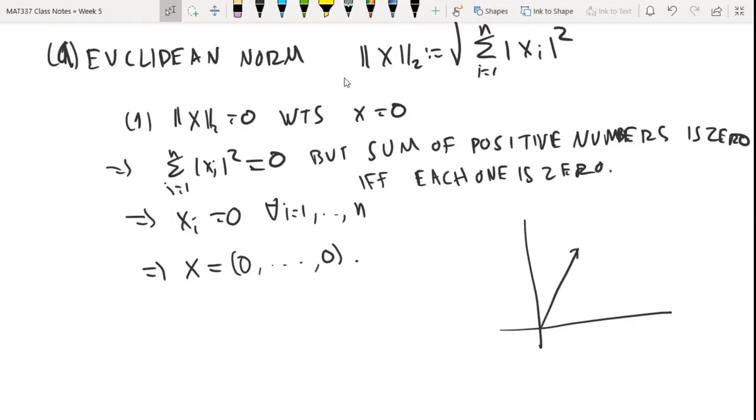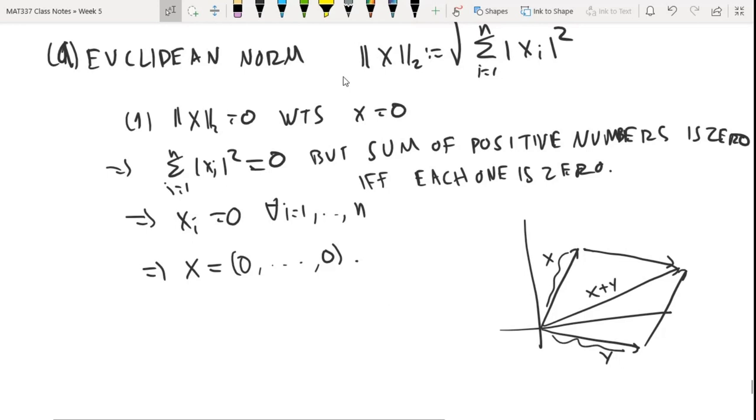So you have a vector x and a vector y, and then what's their sum? Their sum is, let me do it carefully, and this is their sum. Yeah, it says that this length plus this length will equal this length. I'm not sure if there's anything interesting. That's a good question. So I want to think about it.